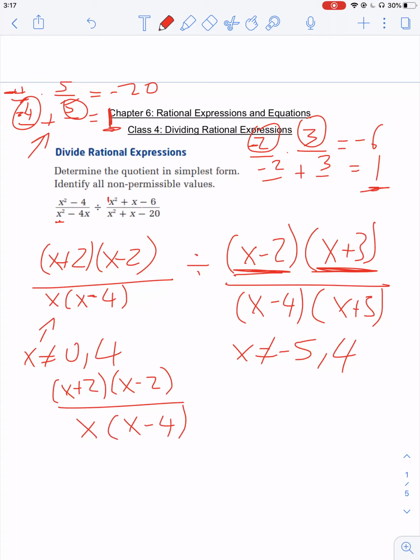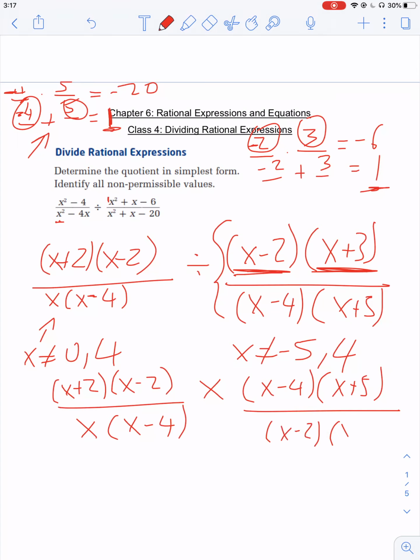So once you change this division symbol to multiplication, then there's a price to pay, and the price is that you're going to have to flip the second fraction. So this guy will have to get flipped. So x minus 4, x plus 5 will go on top, and x minus 2 and x plus 3 will come down.